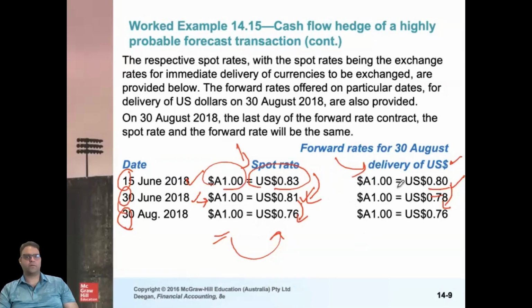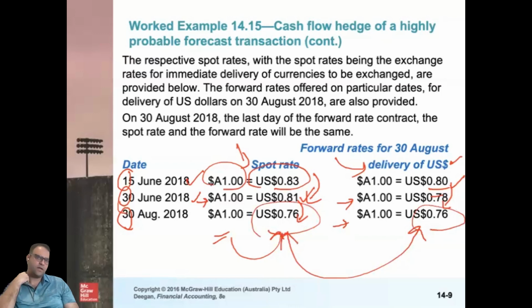There's one thing which is very sure that both exchange rates have seen that decrease in the spot rate and the forward rates. So next date, it reduced to 0.78, then it reduced to 0.76. So each time you can see there's a reduction in the spot rate. Of course, on the last date, when we want to do a contract with the broker and the market is same, so there won't be any difference.